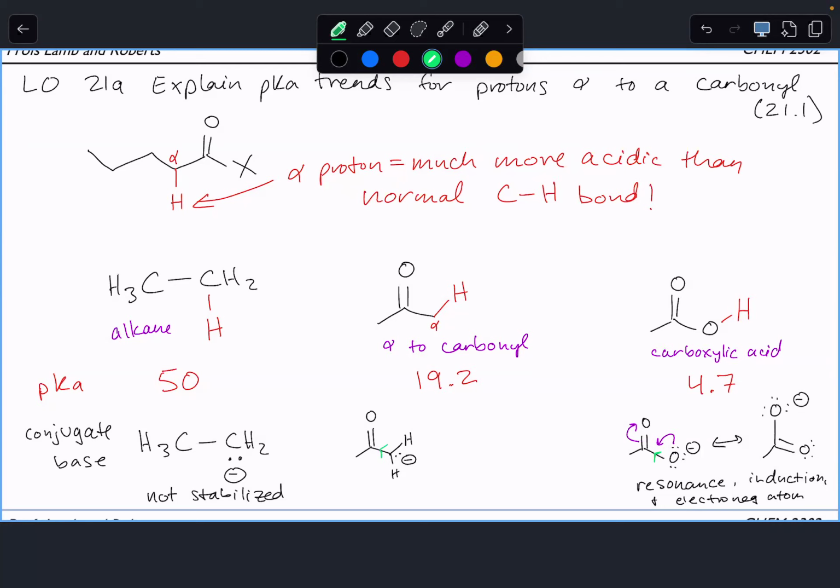So inductively, it is pulling some electron density away. But more importantly, we have resonance. So just like in the carboxylate example, we can push that lone pair towards the carbonyl and then break the double bond, put that negative charge on oxygen. So let's draw what our resonance structure looks like.